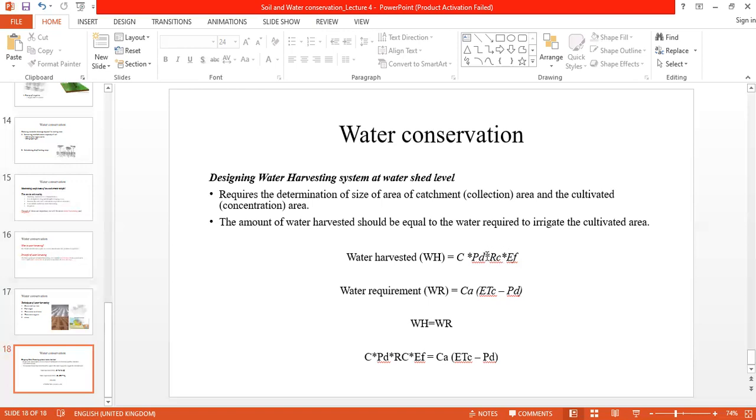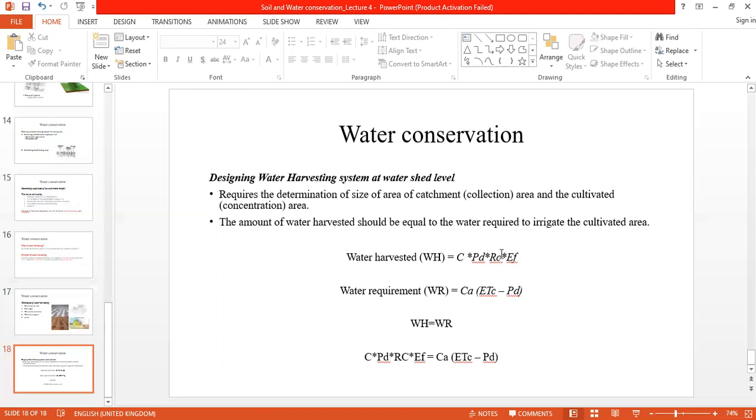This is the proportion of rainfall that runs off. When the rain comes, part of it goes to runoff, part of it infiltrates. The proportion of that total rainfall which runs off is what we call the rainfall coefficient.